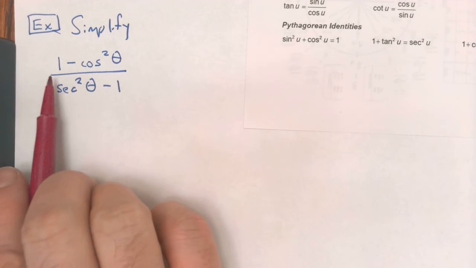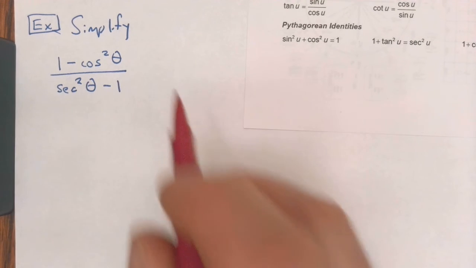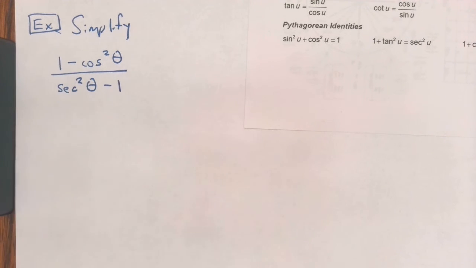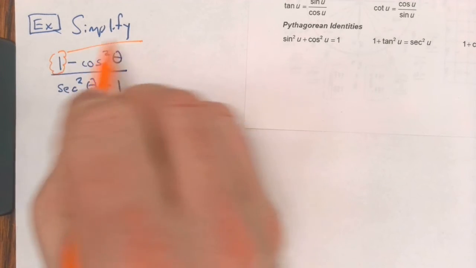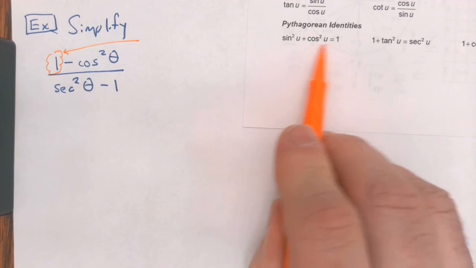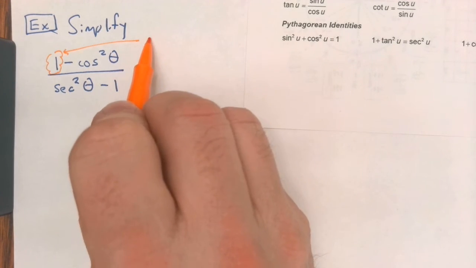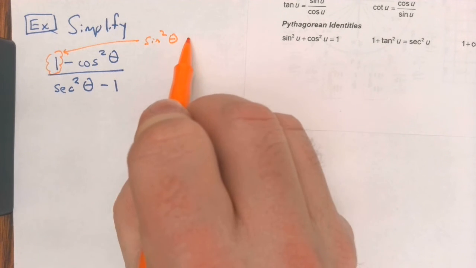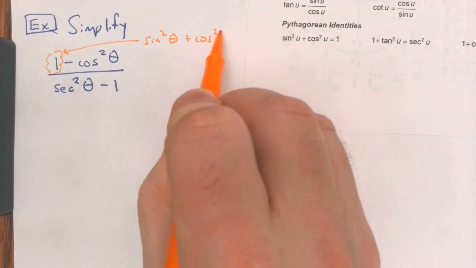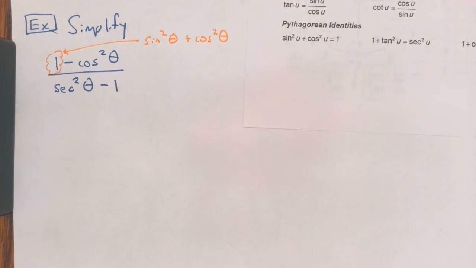In this problem, I do have a 1 here. So using that Pythagorean identity, I'm going to replace the number 1 that I have right here with what 1 is equal to, which is the sine squared of our angle plus the cosine squared of our angle.